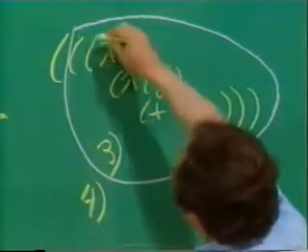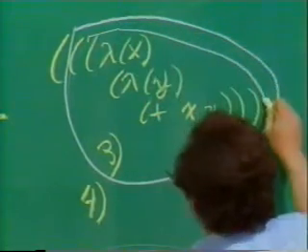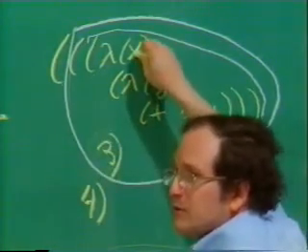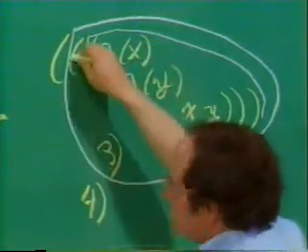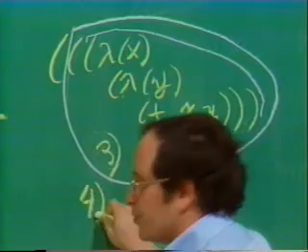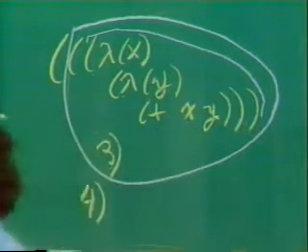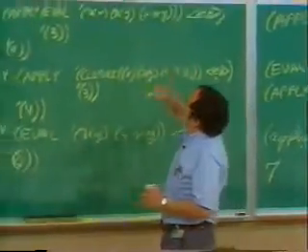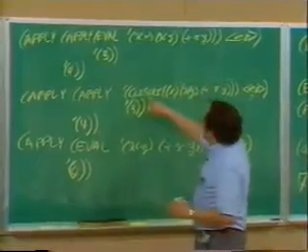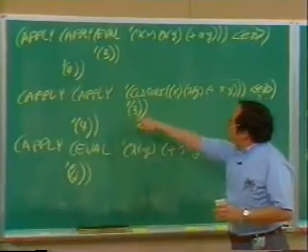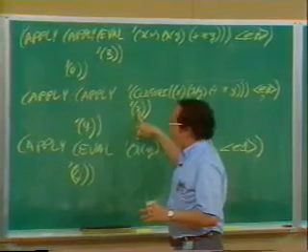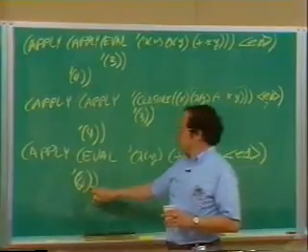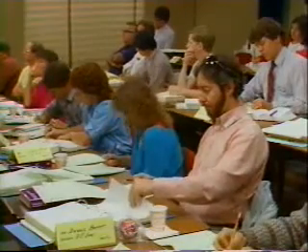That combination has this is the operator and this is the operand. The 3 is going in for the x here. The result of this is a procedure of one argument y, which gets applied to 4. Okay? So you just weren't reading the expression right. The way you see that over here is that here I have the actual procedure object, x. It's getting applied to 3, to the list containing 3. What I'm left over with is something which gets applied to 4. Okay? Are there any other questions?